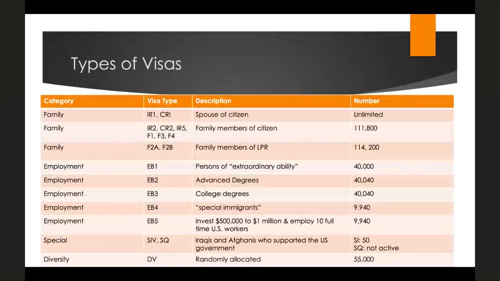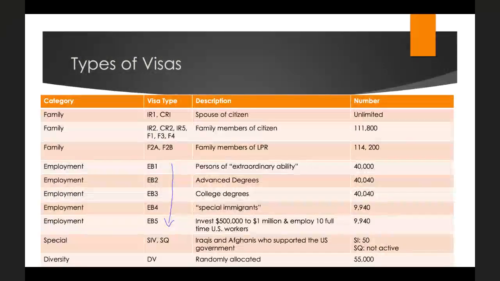In addition, there are a series of employment visas that go in a tier of preferences. So these EB1 visas are the highest level of priority, and they go down from here. The first priority are people of extraordinary ability, which is the language that the law uses, and these are people who are likely to make a significant contribution. It actually singles out the arts, athletics, but also scientific and research discoveries.